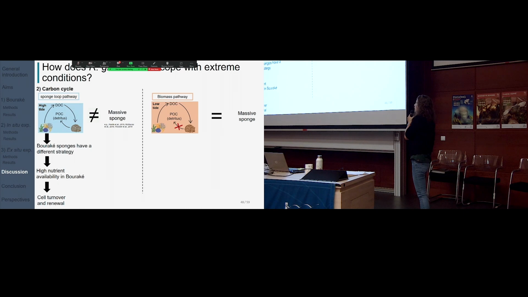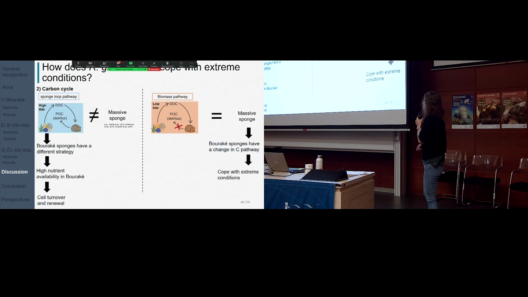During extreme environmental condition, I found a disruption of the sponge loop pathway, then a pathway similar to that of massive sponges, but Buraké sponges have a different pathway compared to normal condition. So this changing pathway could be a strategy used by the sponge to cope with extreme environmental condition and then save energy.